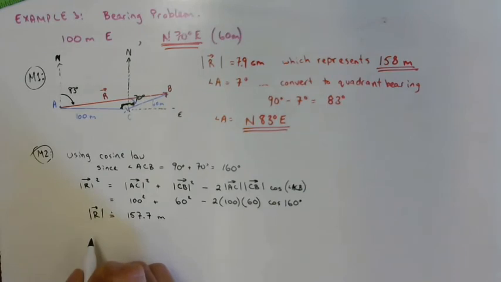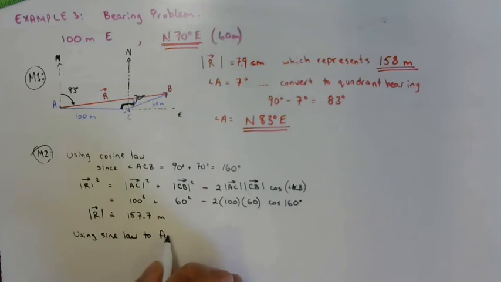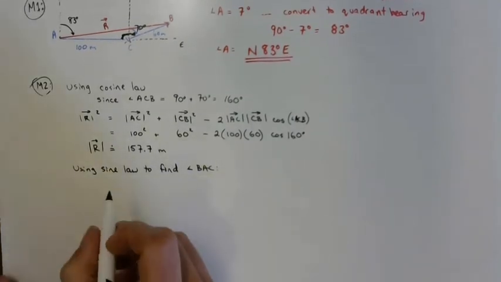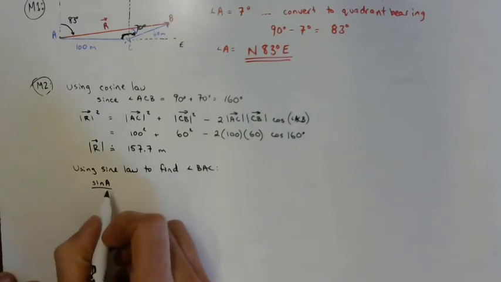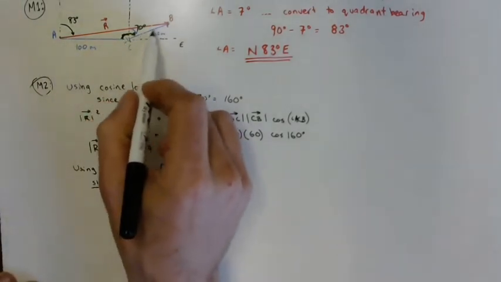So now to find angle BAC, use sine law to find the measure of BAC. And again, the information that we're looking for is, on top, the sine of angle A, over the opposite side length, which is CB.